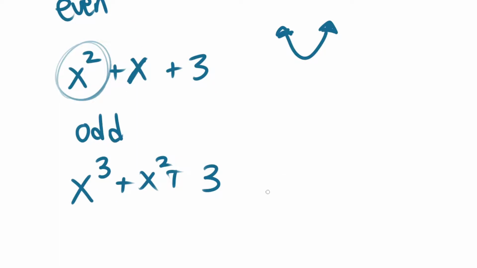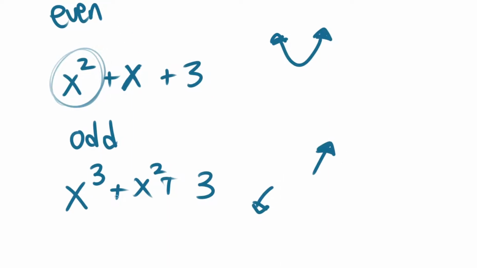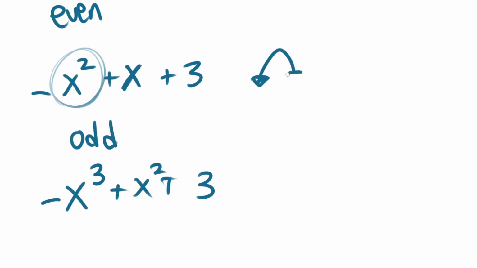And then for our odd function, it'll be down to up. Now, if it was negative, then it would be down to down for our even, and up to down, reading left to right, for our odd function.